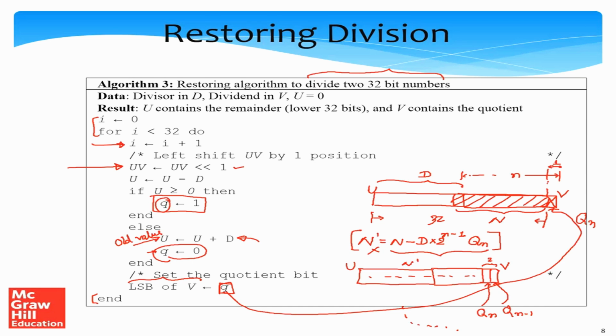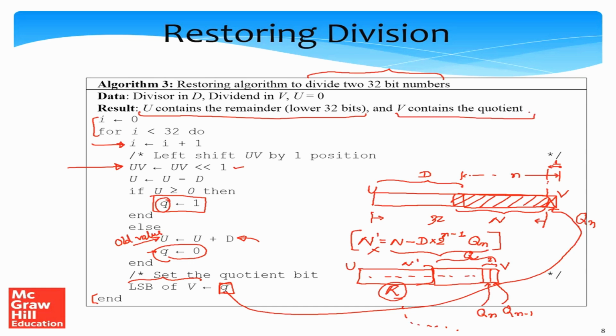At one point the dividend will start from here. So this entire register here, the V register, will contain the quotient, and what will be left here will be the remainder, right, after we have computed all the quotient bits. So after all the quotient bits have been computed, what will essentially remain is the remainder in register U, which is what we initially started out to find.